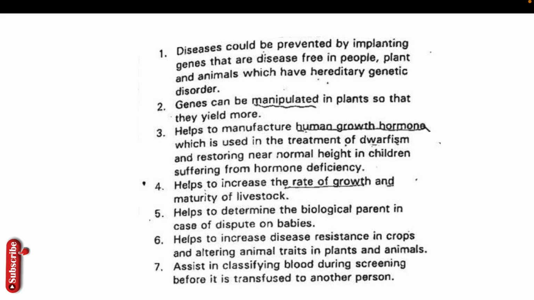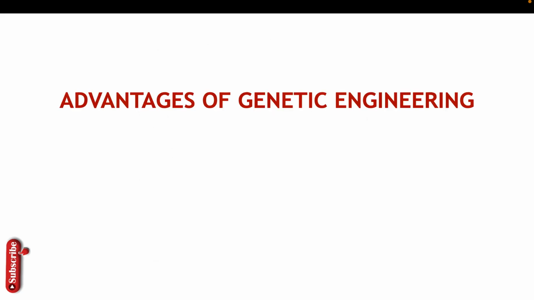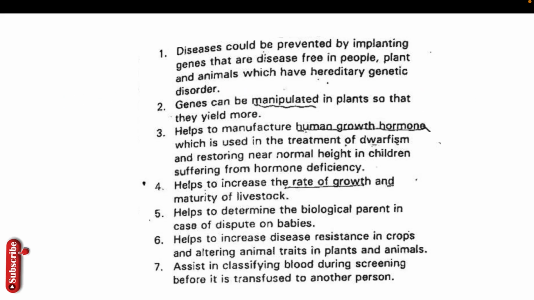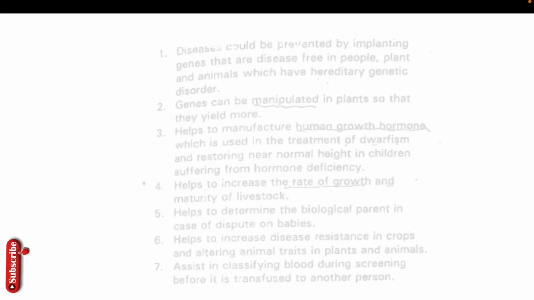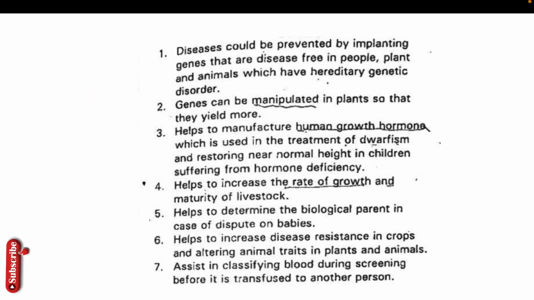So you deliberately alter the what? The genes. What are genes? What did your biology teacher tell you genes are? It's human composition, right? Yes, so you deliberately alter it. And what are the advantages of genetic engineering?